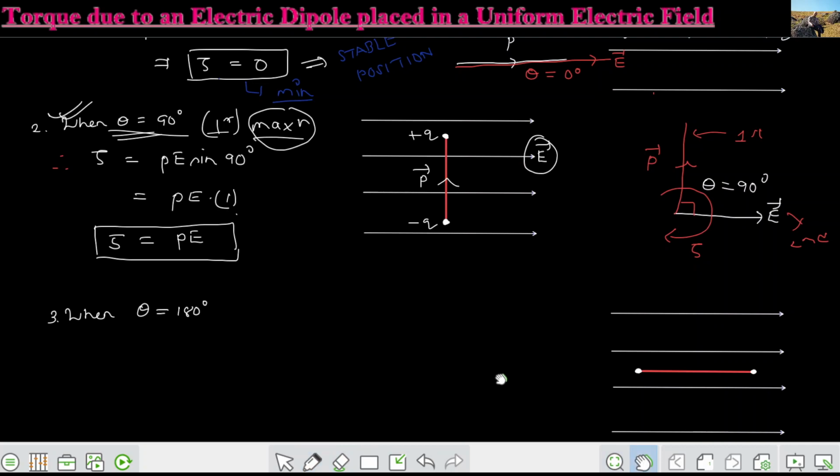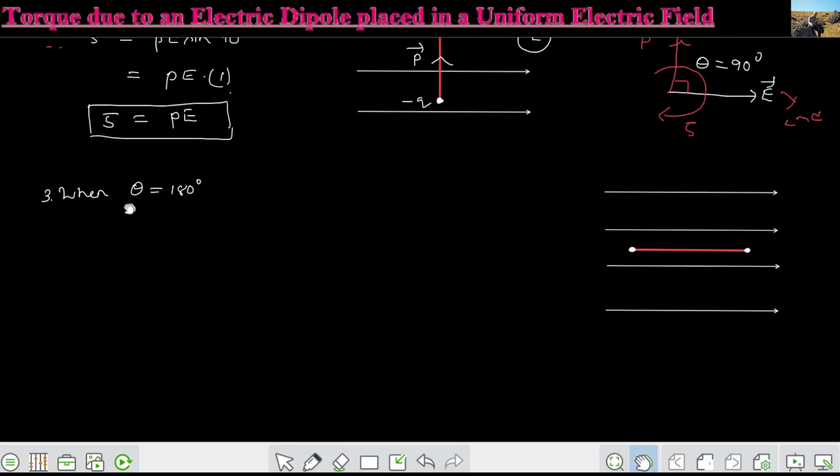we will learn about what happens when theta is equal to 180 degree. Always remember that when we talk about the electric dipole moment, in this case this is the minus charge and this is the plus charge, so the electric dipole moment will be in this direction, and theta will be equal to 0 degree.